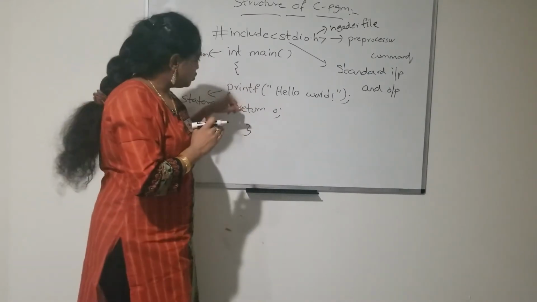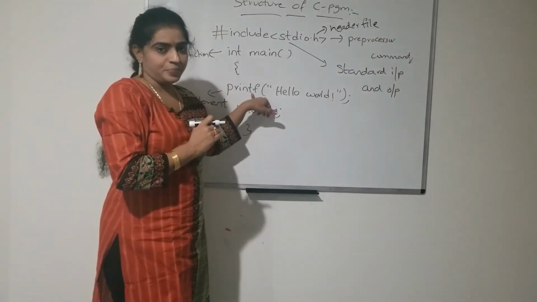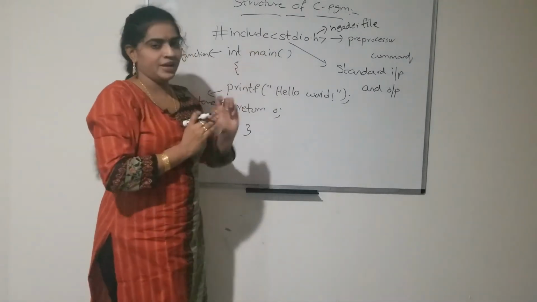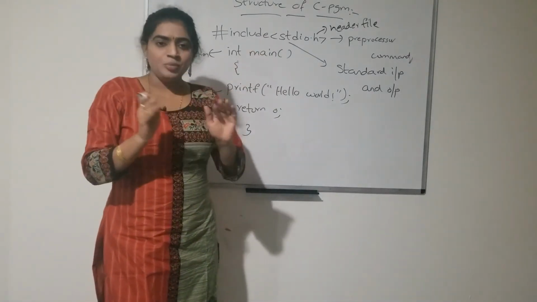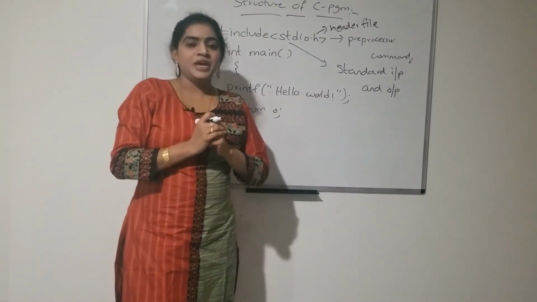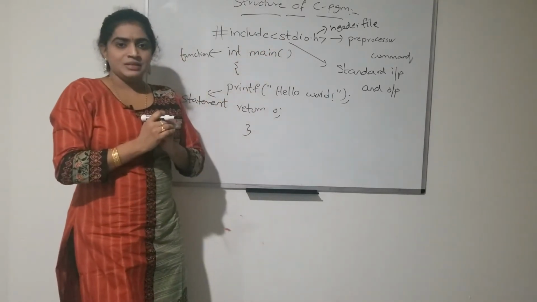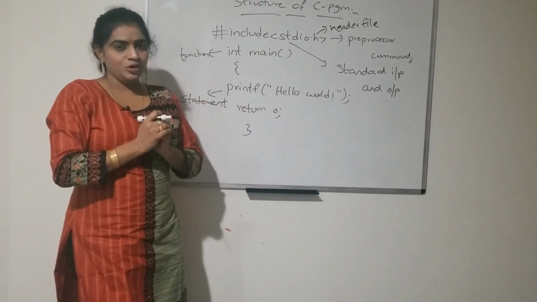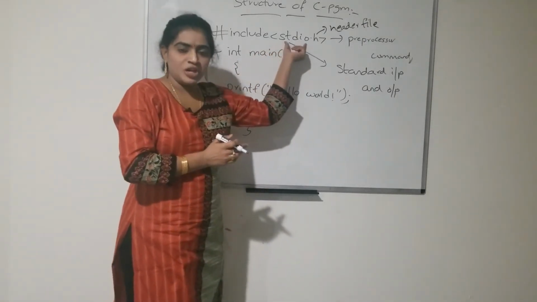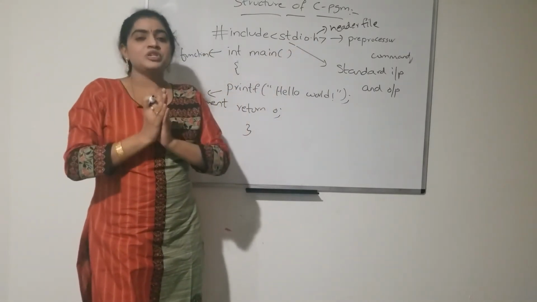If this function has to work in your program, you have to include this header file. Otherwise, it is not possible to execute this statement. That's why in each and every program, you have to include this preprocessor command. This header file is used to execute input and output functions in your program.